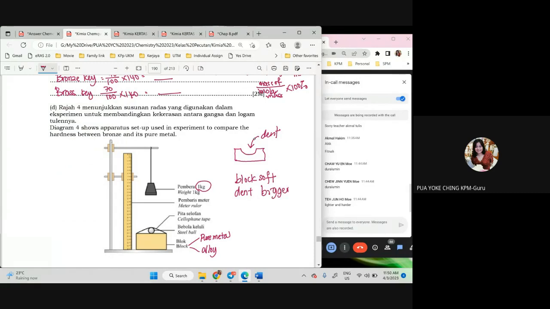Sebab kita tak boleh ukur the dent kan, sebab susah. Okay, kalau dia macam ni. Bigger than means you will have a larger diameter of dent. So, apa yang kita ukur adalah diameter. Lekuk tu kita ukur diameter.